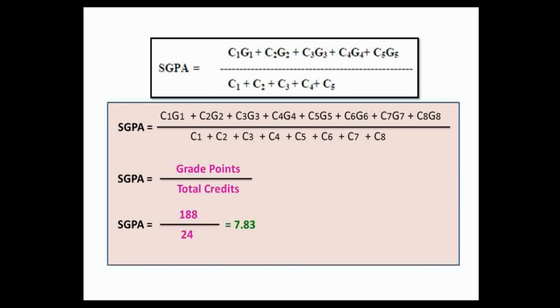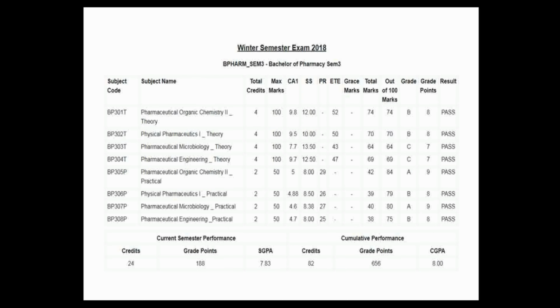The total grade points we calculated, that is 188, divided by the total credits of semester 3, which are 24, and when you do this division you will receive the answer 7.83, which is your SGPA for this particular semester. Now come back to our result and check the SGPA received over here, which is 7.83. In this way the SGPA is calculated for each and every semester.